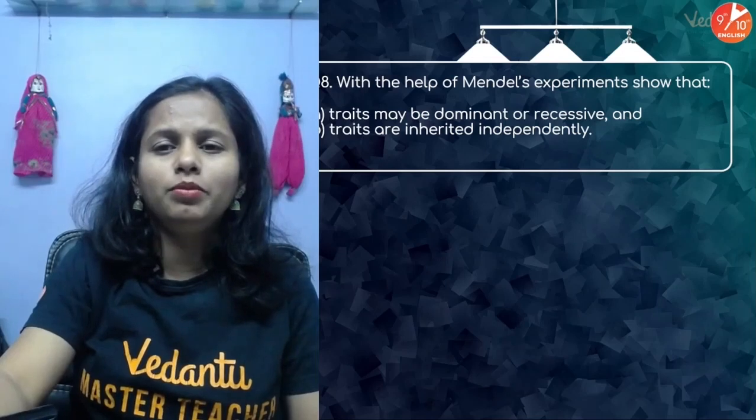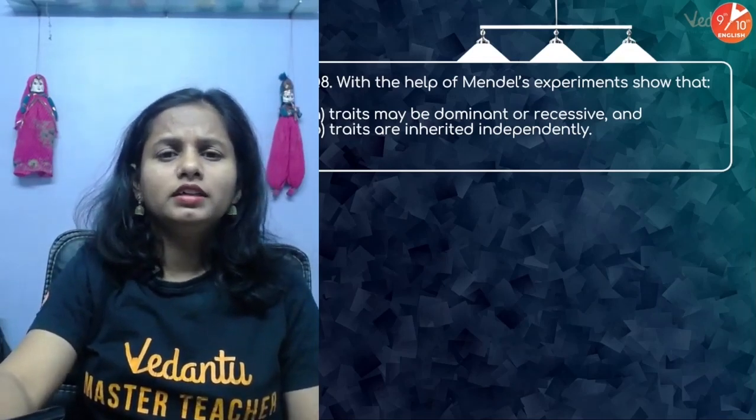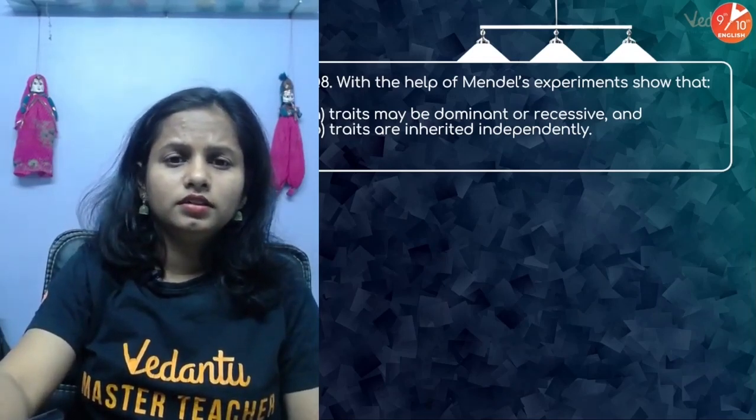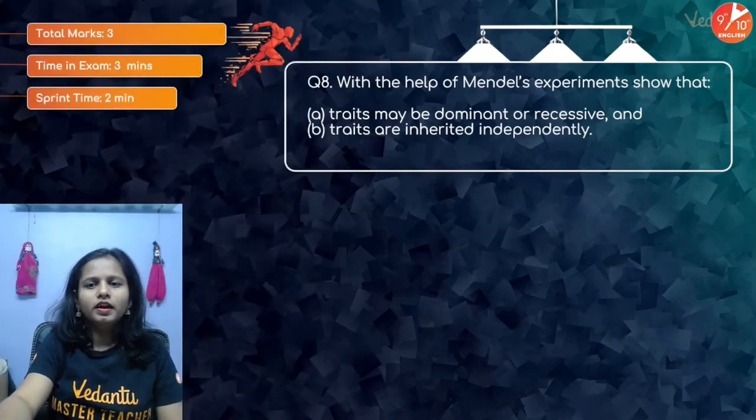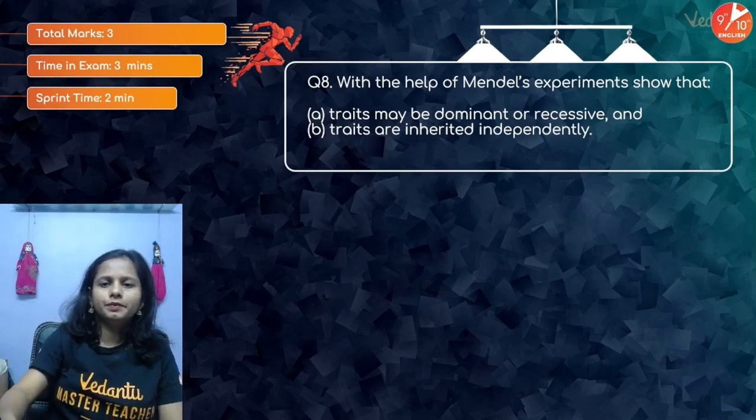Now with the help of Mendel's experiment show that traits may be dominant or recessive and traits are inherited independently.